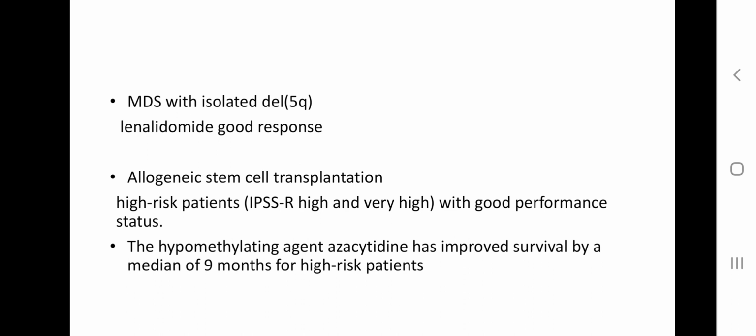But high risk patients with good performance status may be given the option of allogeneic stem cell transplantation because, as we had seen, they have a high risk of progressing to AML in the first year, as well as a high mortality or a low median survival rate. So such high risk patients with good performance status may be tried for stem cell transplantation.